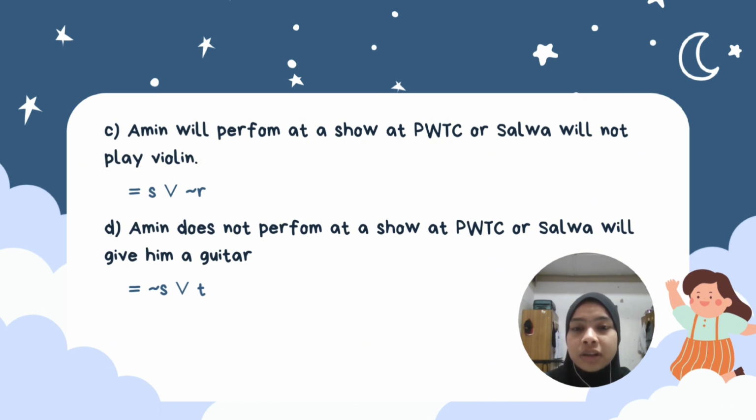The answer is S or the negation of R. Question D. Amin does not perform at a show at PWTC or Salwa will give him a guitar. The answer is the negation of S or T.